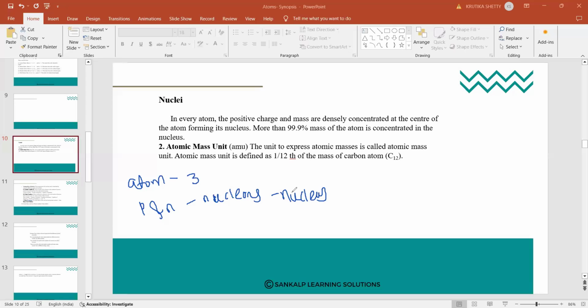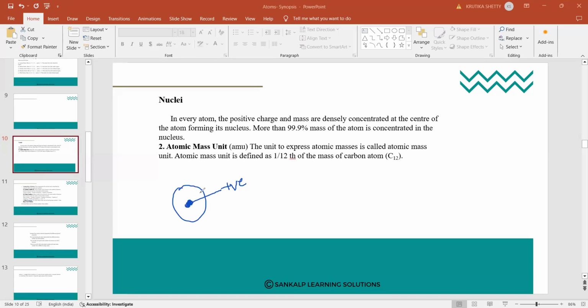Here we have some of the basic terms again related to the chapter. So before that, here you see, in every atom the positive charge and the mass are densely concentrated at the center of the atom, forming its nucleus. So if you consider any atom, at the center part there will be positive charge and densely concentrated mass.